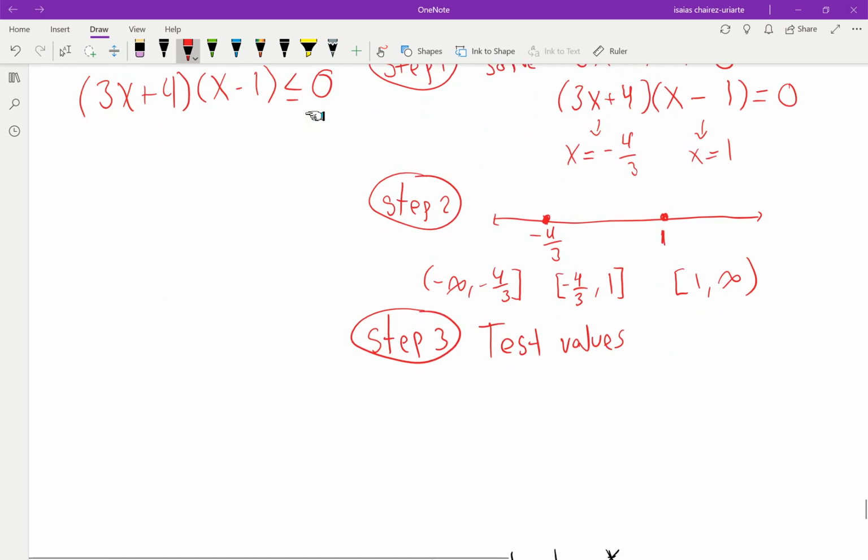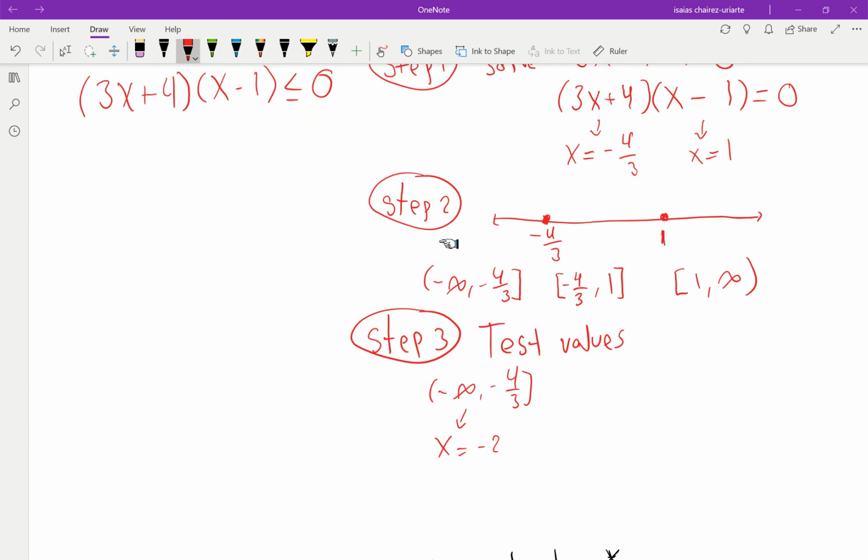Okay, so let's test values. Let me first think of a value that's between negative infinity and negative 4/3. Can you think of some convenient x value? What about just x equals negative 2?